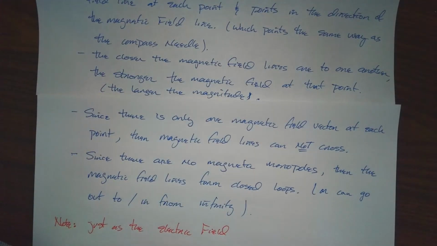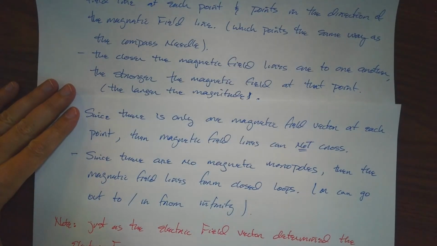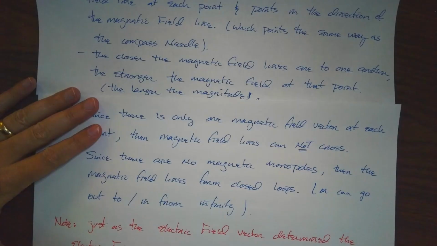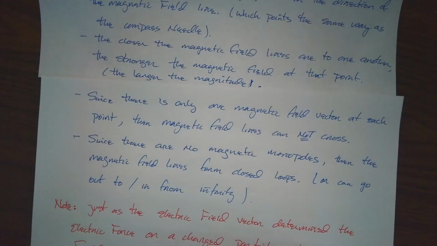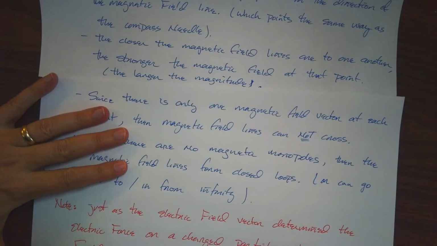So just as the electric field vector determines the electric force on a charged particle, the magnetic field vector would determine the magnetic force on, and in this case it's on a moving charged particle.